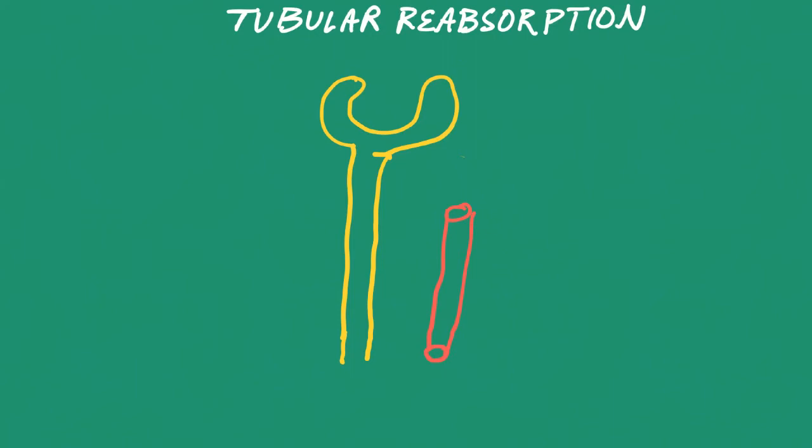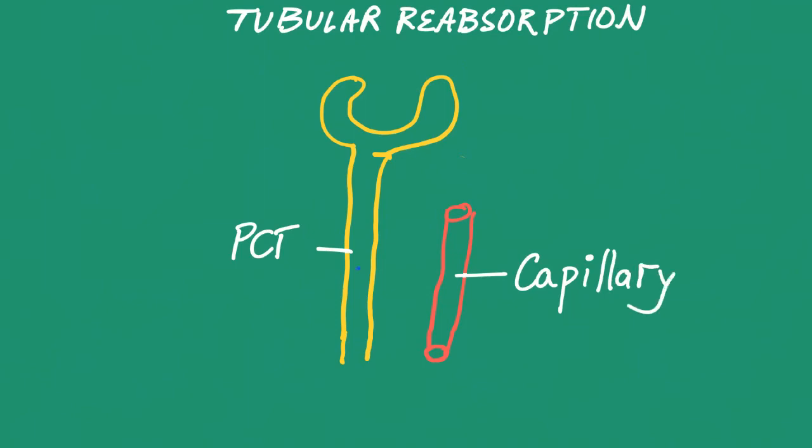It is the movement of molecules from the PCT to the capillary, here being the peritubular capillary that comes out of the efferent arteriole. So here is the movement of molecules such as glucose, ions, amino acids, and water from the PCT to the capillary.